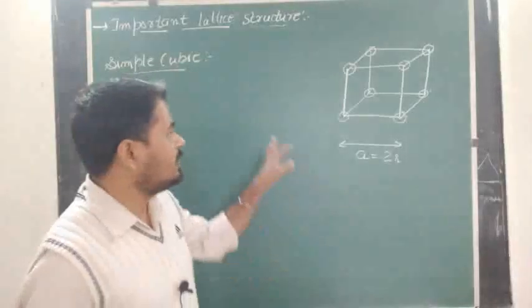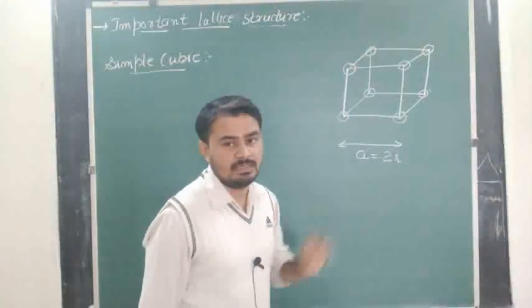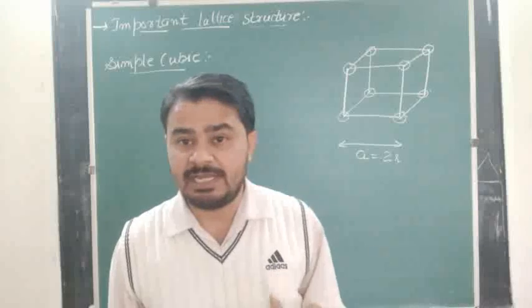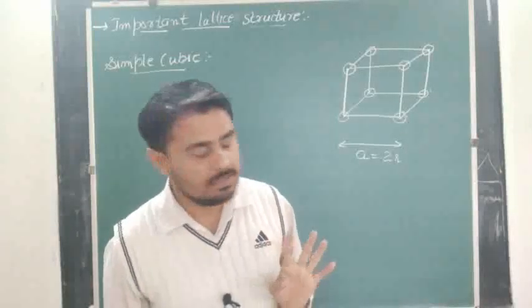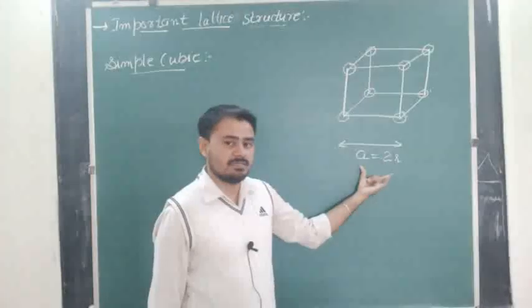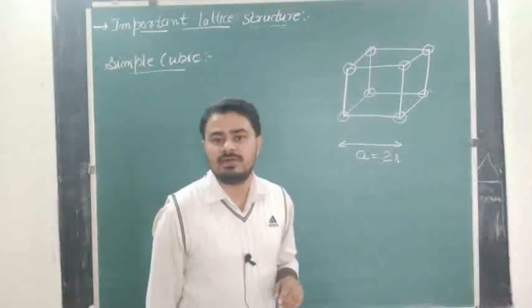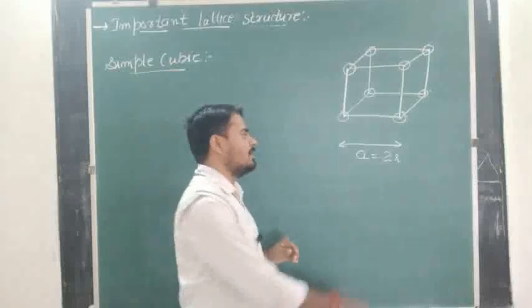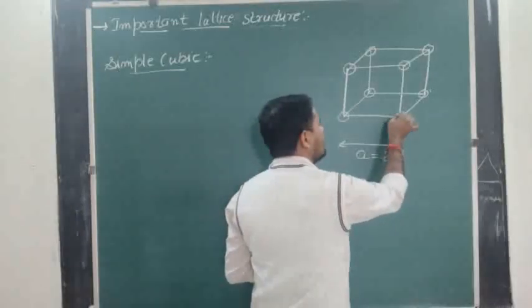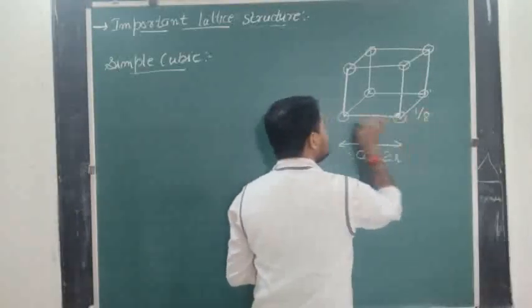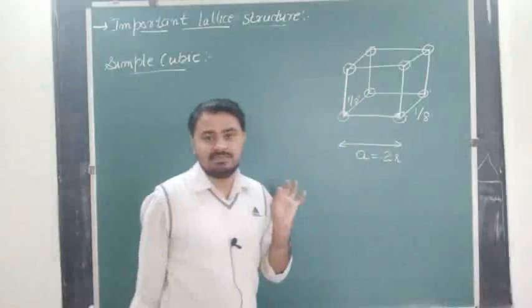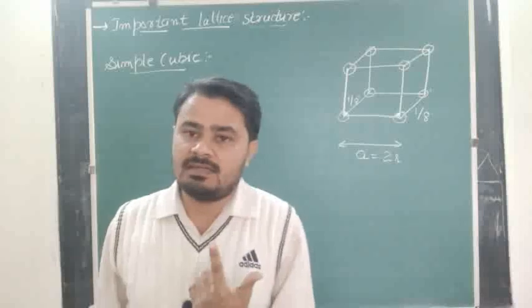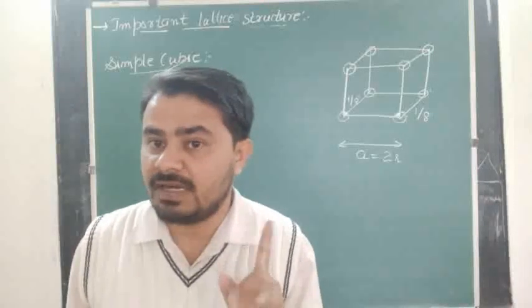That means in case of simple cubic lattices, each atom, corner atoms especially, touch each other. That's why the edge length a is equal to twice the radius. And the contribution is 1/8 of each atom. That means how much does each atom contribute inside the unit cell? 1/8.